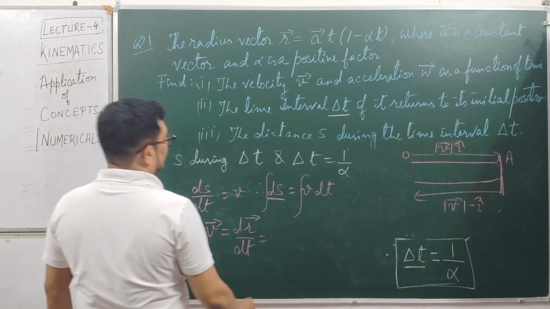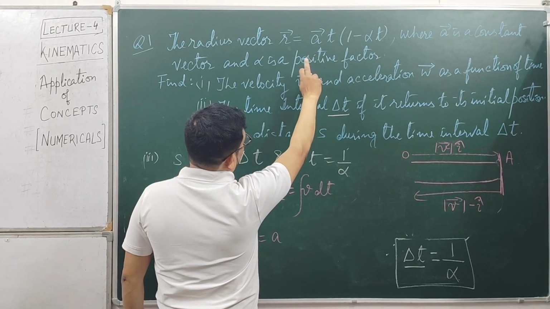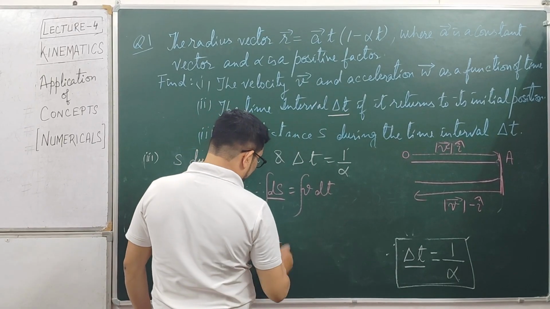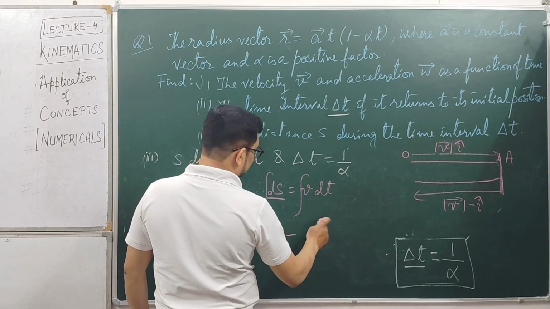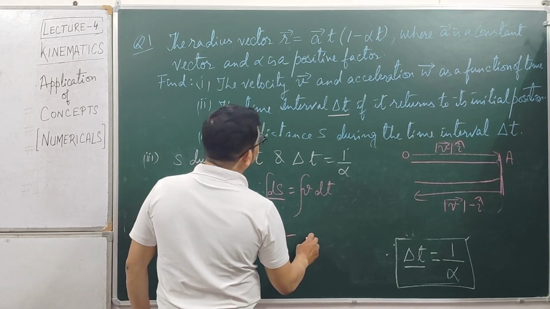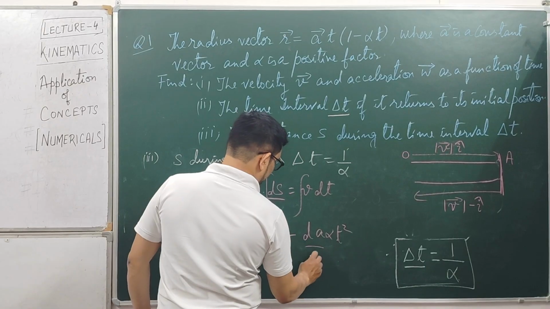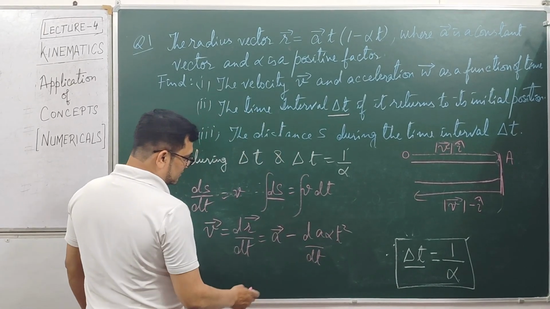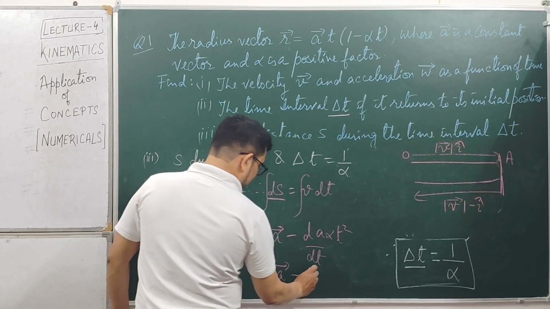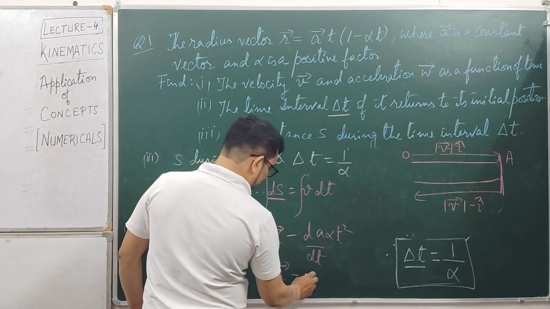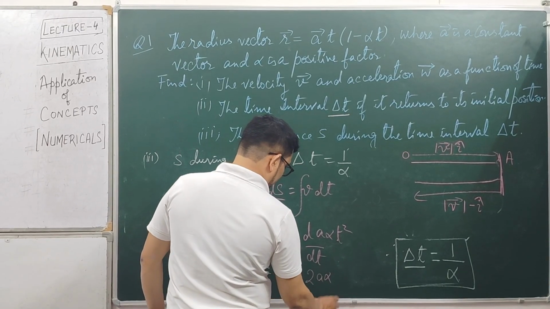We had r as a t minus a alpha t squared, so if you differentiate with respect to time, it is d of a alpha t squared over dt, right? So if you differentiate this, it comes out to be a minus 2 a alpha t, right?